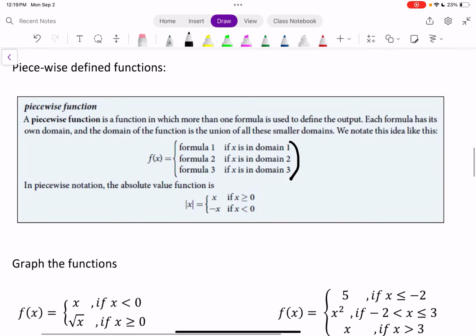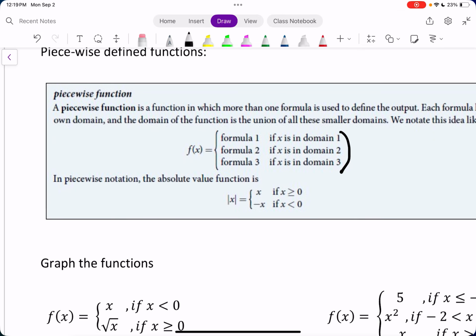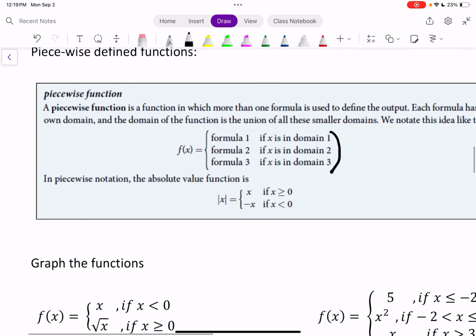So, for example, the absolute value function is a piecewise defined function. The absolute value of a number is the number itself, right? If that number is greater than or equal to 0. So as soon as we put a number that's positive in here, or 0, it stays the same. However, as soon as you put a number that is less than 0, what do you have to do with this number x?